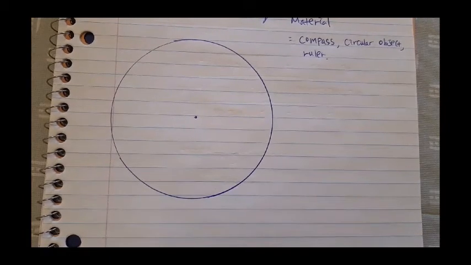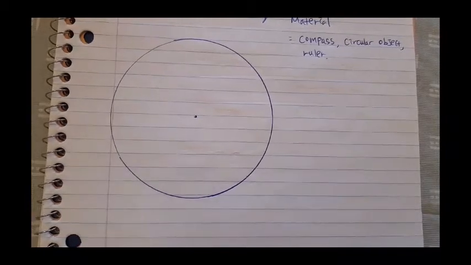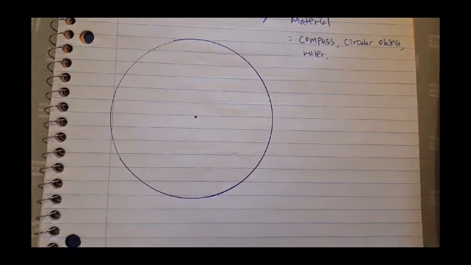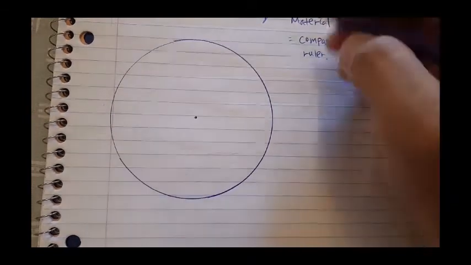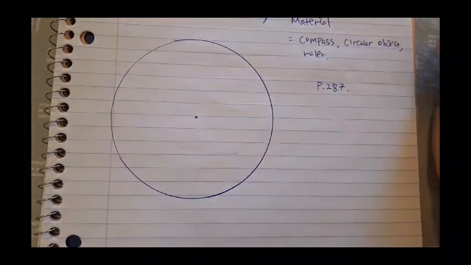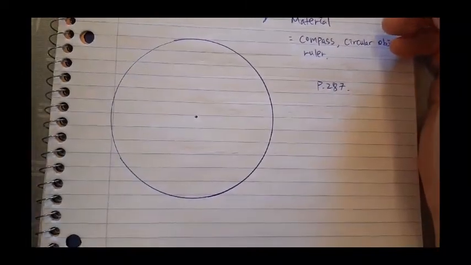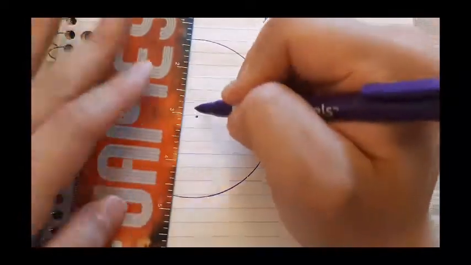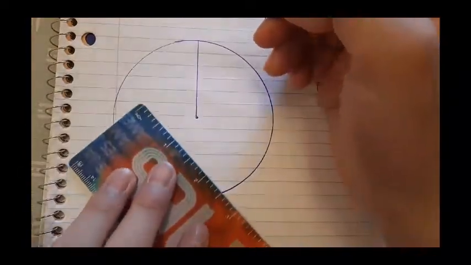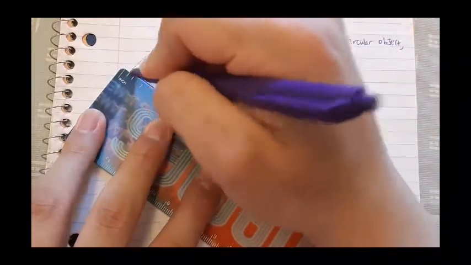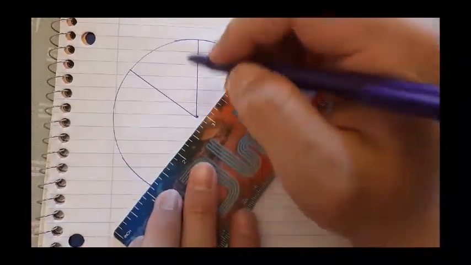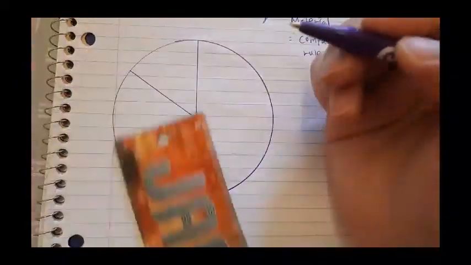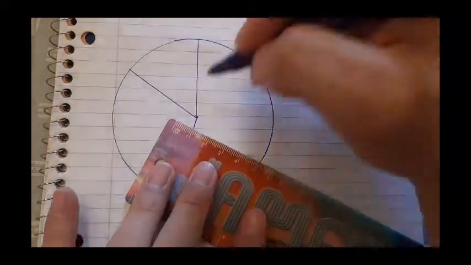So, let's see. Basically, on page 287, we have a circle graph that has green color, blue color, yellow color, red color. So I'm going to create those sections. I'm basically copying the graph that you see on page 287.